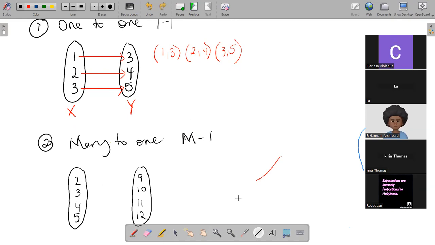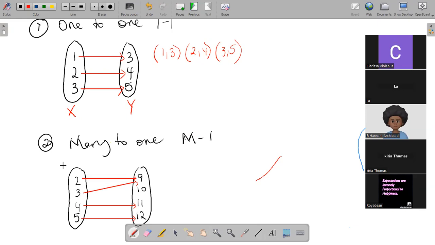Let me use my red. A big part of maths, guys, is being able to see things. Tell me if you've seen the many to one. If you're seeing the many to one, say see it. Talk to me.